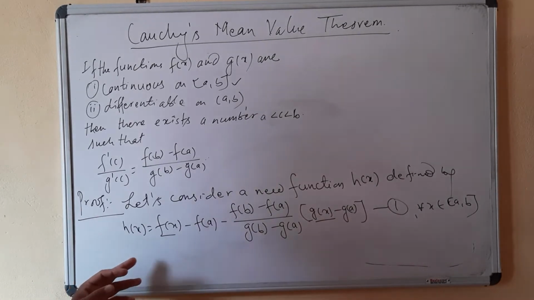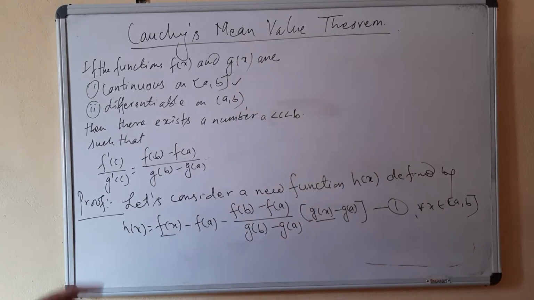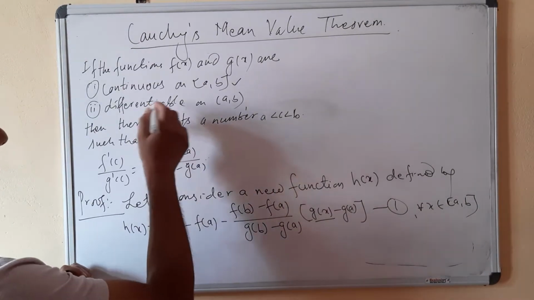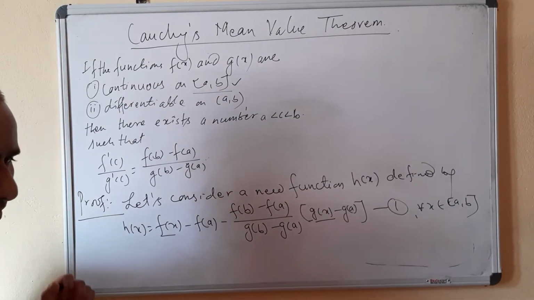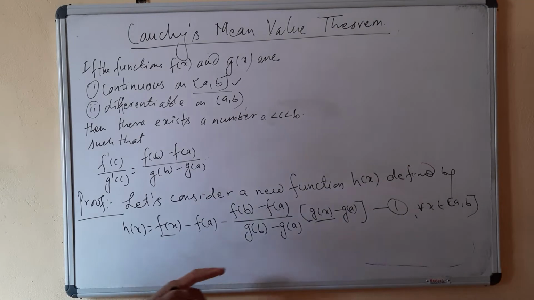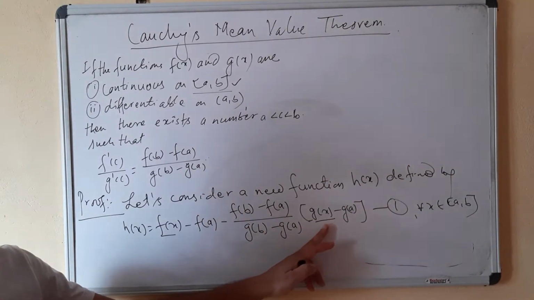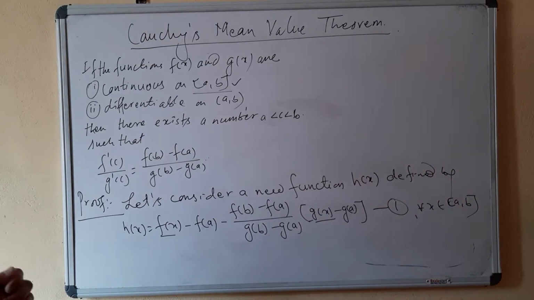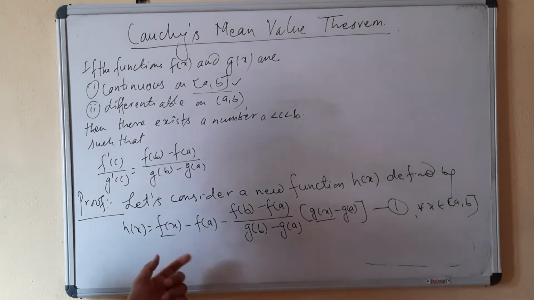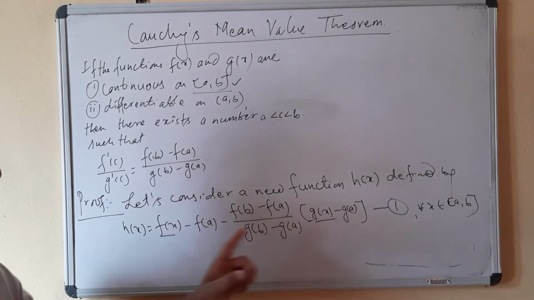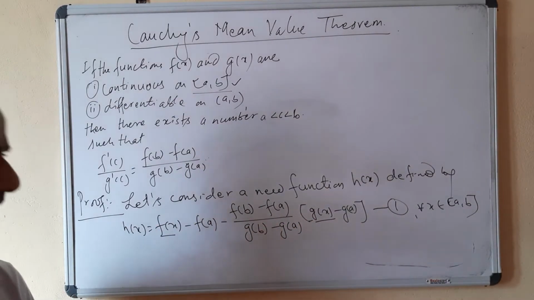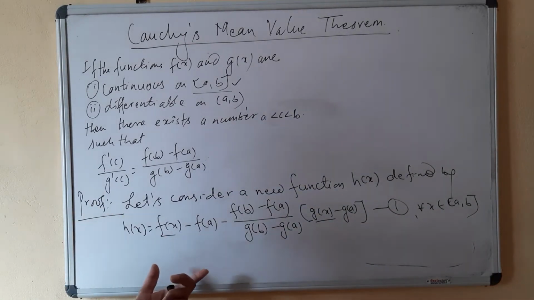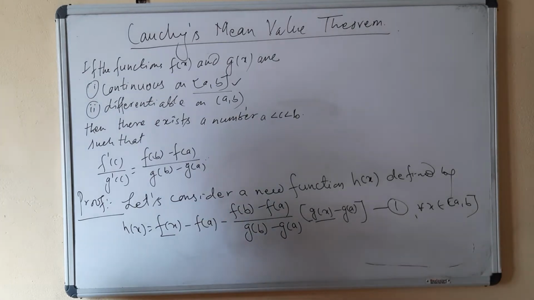The first condition is continuity, the first hypothesis of Rolle's theorem. We know that both f(x) and g(x) are continuous on the closed interval [a, b]. And you know by the continuity property of functions that the sum, the difference, the product, or the quotient of continuous functions is again a continuous function.